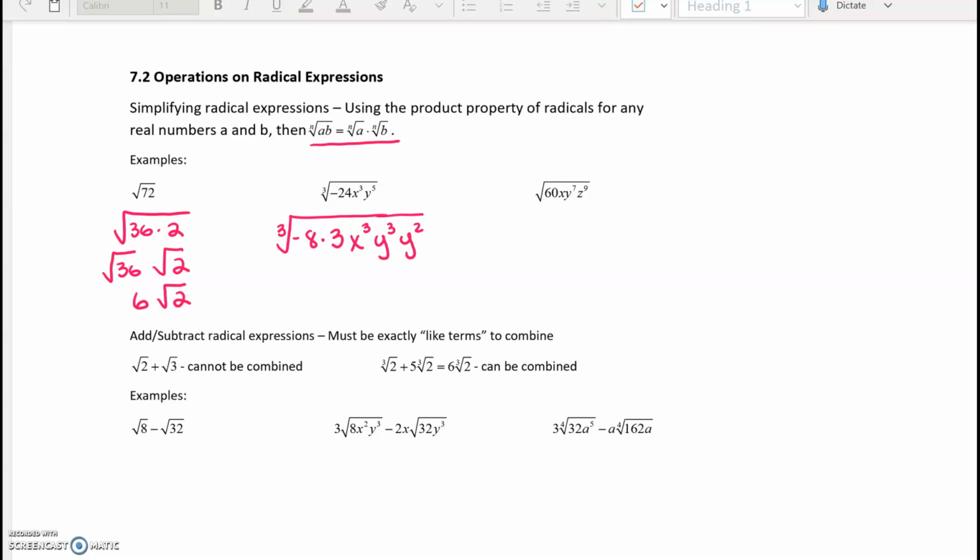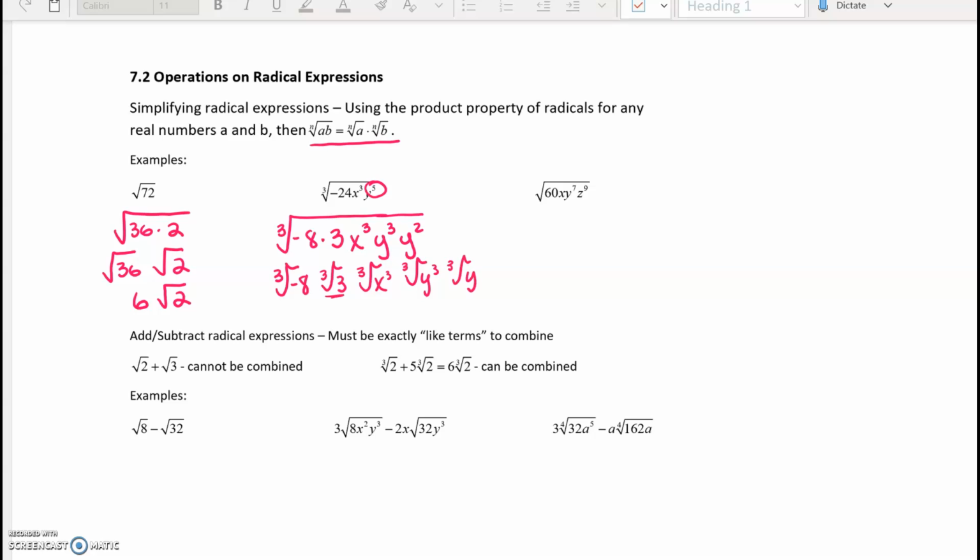I took that 5 and split it up into 3 plus 2. So we've got cube root of negative 8, cube root of 3, cube root of x cubed, cube root of y cubed, and cube root of y squared.